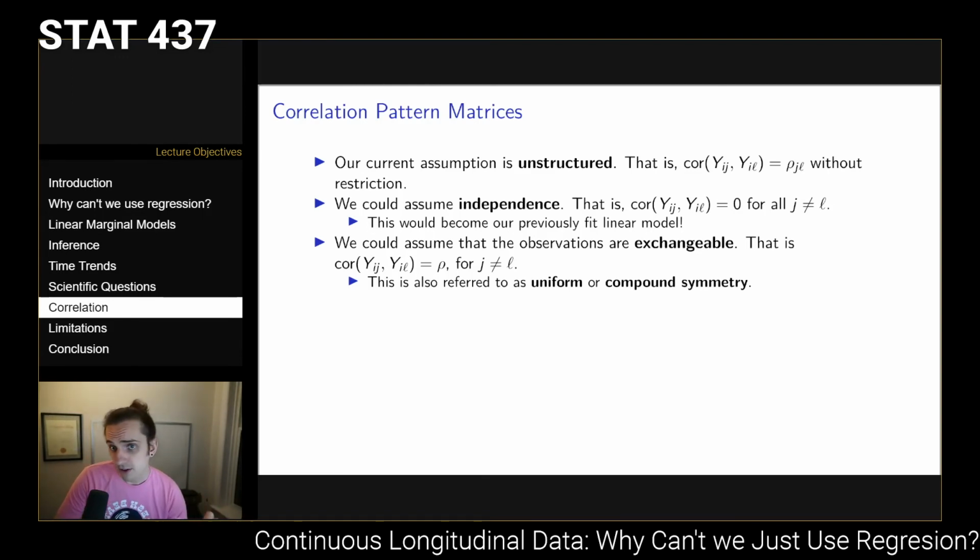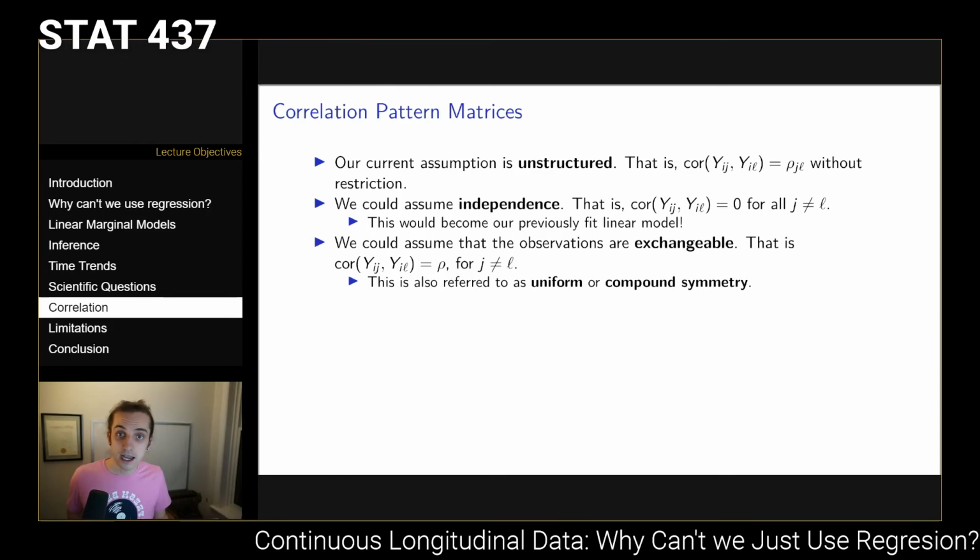Now, this is a fairly strong assumption still, right? We only estimate one single correlation parameter. It's a lot weaker of an assumption than making sure that they're all independent, but it's still quite restrictive. And so you'd want to really think scientifically, is there any reason to suspect that the correlations are going to be exactly the same? Because as a general rule, you would expect that measurements that are closer in time to one another would have stronger correlations than measurements that are further in time, right?